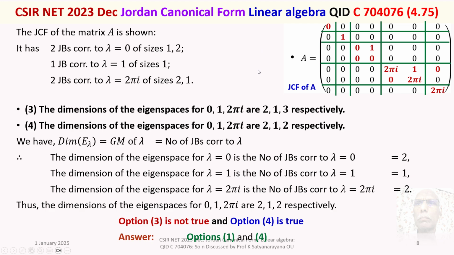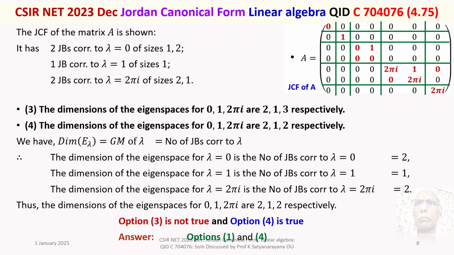I have a suggestion to all our students. In the section Linear Algebra, it appears Jordan canonical form is very, very important. In some sense or other, there will be questions relating to Jordan canonical form in every question paper.